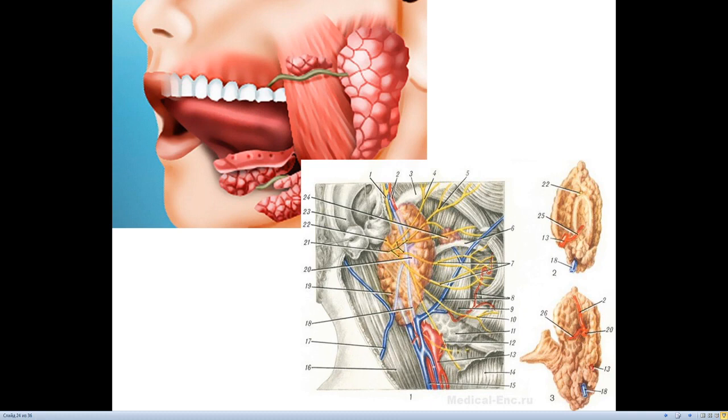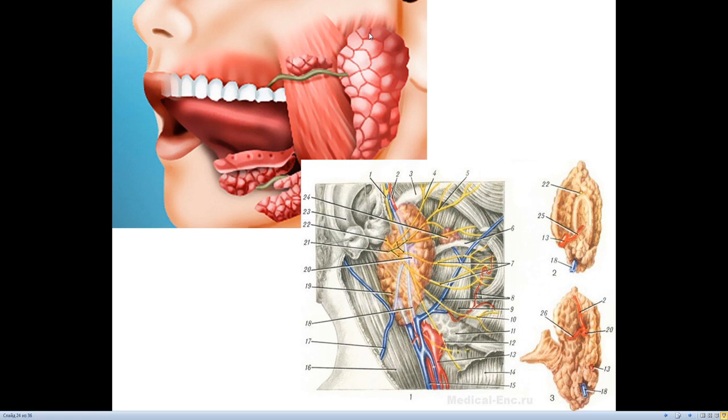Parotid gland rests in the retromandibular fossa, which forms a bed for it, and proper fascia forms for the parotid gland not only a capsule, but also gives rise to some septums, which divide it, as you see here, into many small pieces to form small lobules.